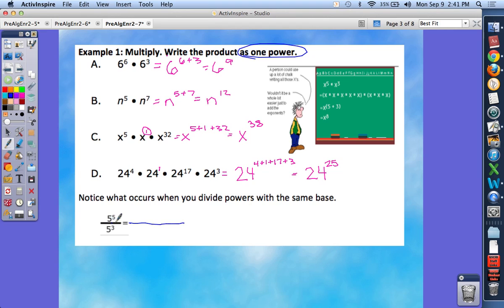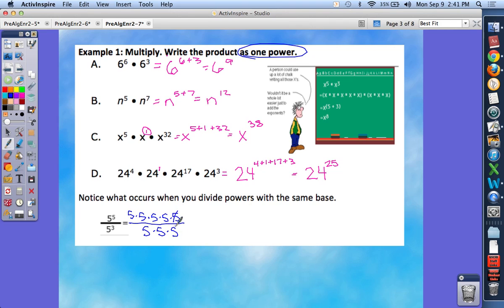We know how to represent 5 to the 5th power expanded out. It'd be 5 times 5 times 5 times 5 times 5. Expand out 5 cubed. So you have a product within a fraction. Well, remember in math, if you have a product in a fraction, only multiplication, you can reduce them.